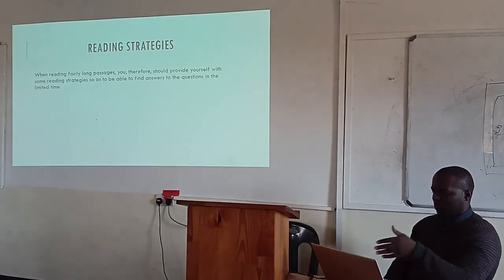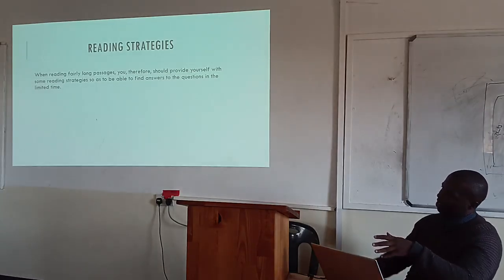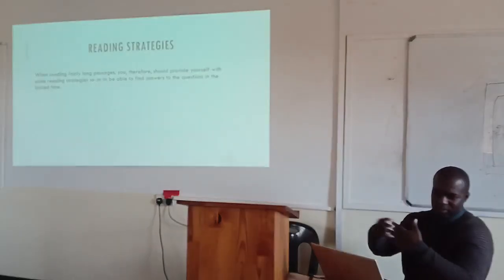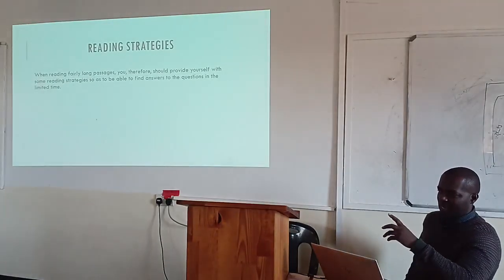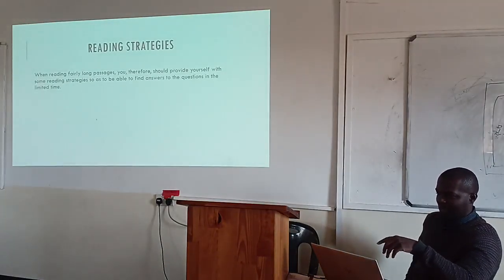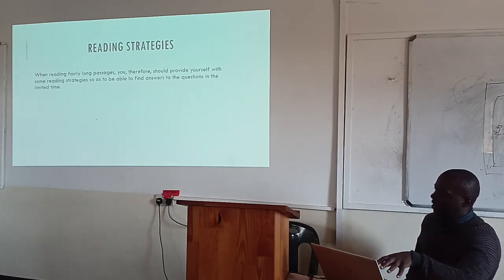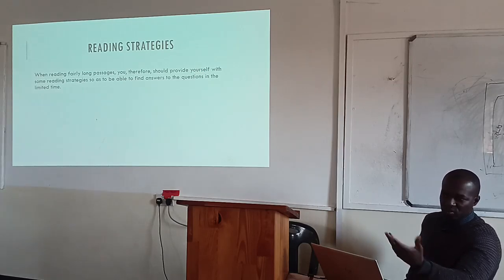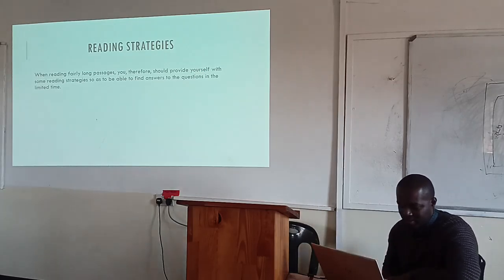There's one, apart from what we talked about already, strategy. This is just one other general strategy. SQ3R was specific for that, but this is also another one that could be used as time goes.